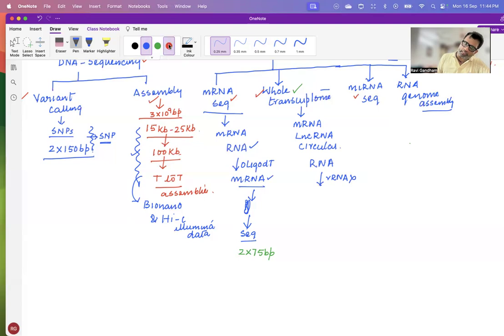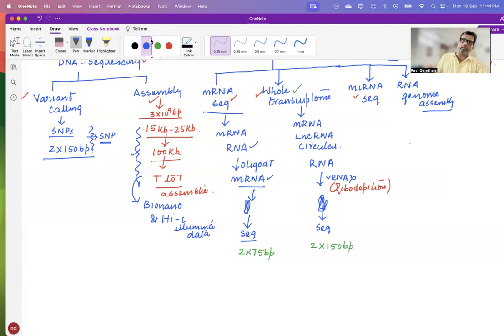And this process is called as ribodepletion. And once the rRNAs are removed, this RNA that is effectively got after the removal is again fragmented and sequenced. And the ideal length for this sequencing is 2 into 150 base pair.